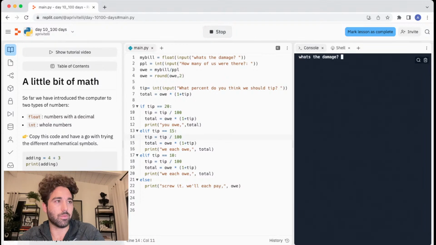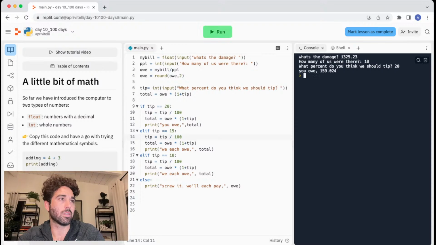What's the damage? Okay, let's try this. 1325.23 times 1.10 divided by 10.